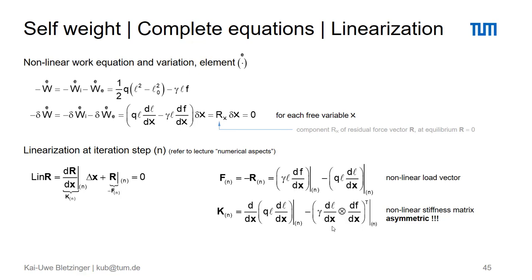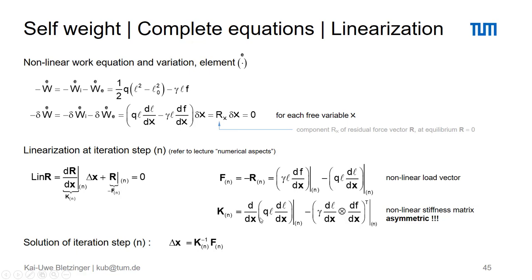It does not come from the variation of the constraint term. So that comes from the linearization, and there you see that it is obviously non-symmetric in this dyadic product, as we call that, a specific multiplication of these two vectors, the derivative of the length and the derivative of this f function, which is nothing else than the center displacement of the element.